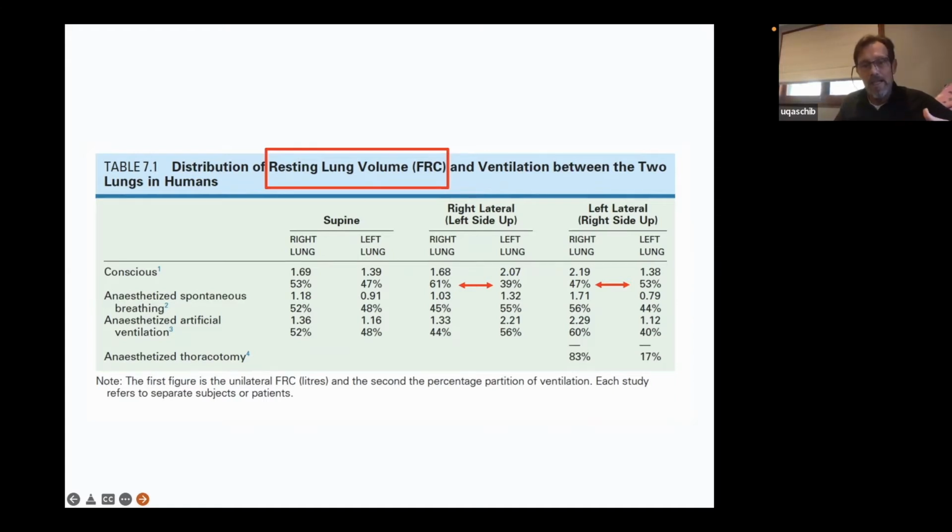In the right lateral position, so left side up, the lung volume is greater in the right side compared to the left lung. And if you turn over on the other side, you have the opposite. So you have a change in the distribution in lung volume.